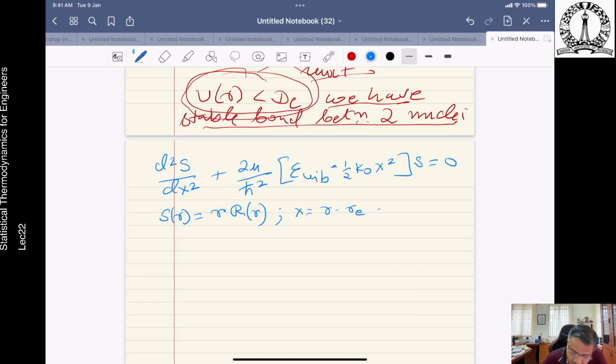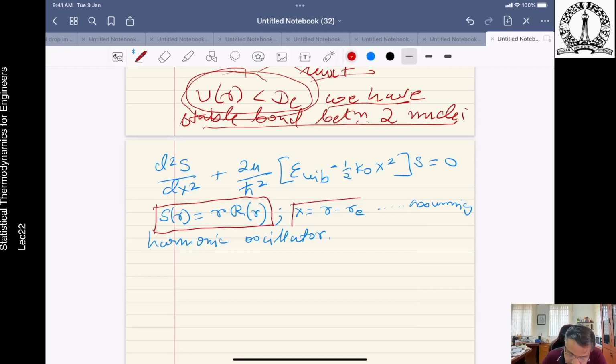This is all assuming a harmonic oscillator, and therefore this is the expression that we write. So this is basically your psi, and this is basically your x.